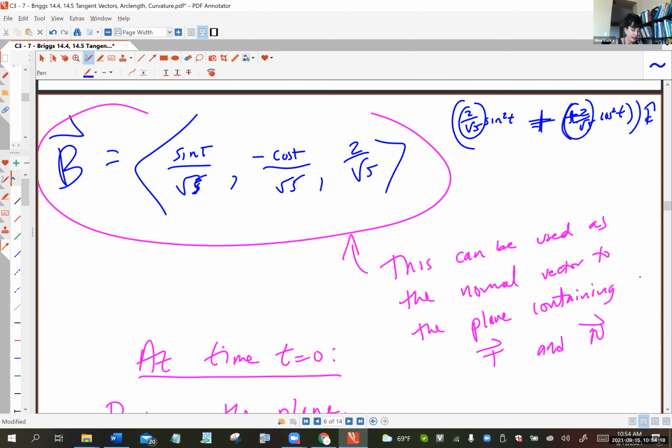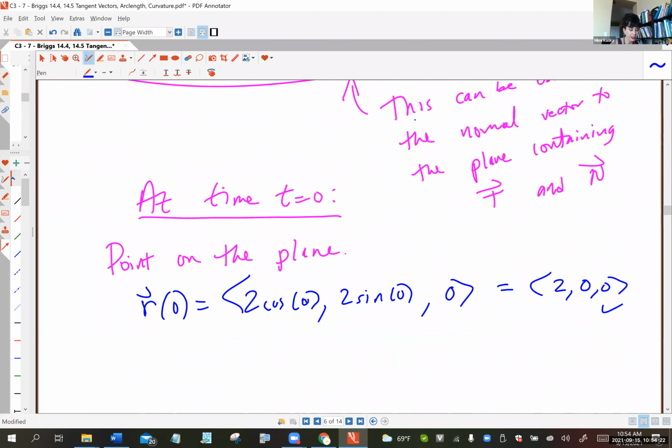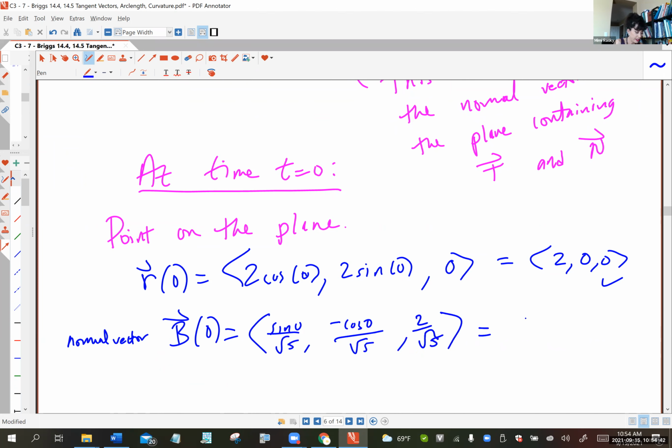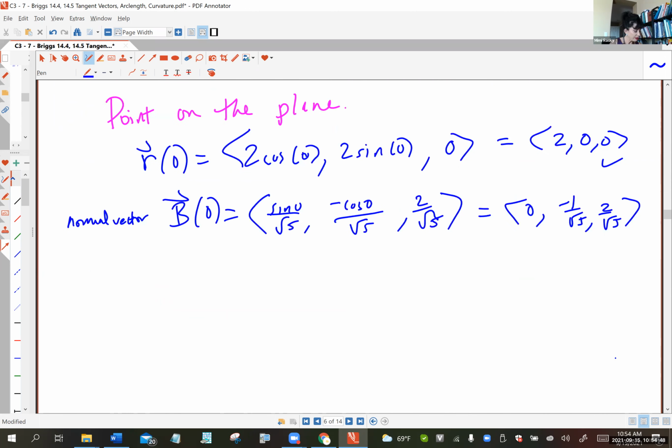And now you need this binormal vector evaluated at time t equals 0 to get the actual normal vector to this plane. So you're going to go B evaluated at 0 seconds, and that's going to give me what? Sine 0 over square root of 5, but that's 0. A negative cos 0 over square root of 5, and 2 over square root of 5. That looks like it's going to be this constant vector. And so now you're ready for the standard equation.